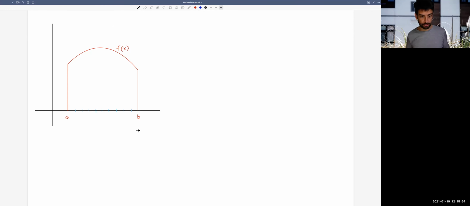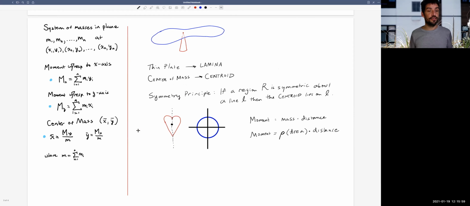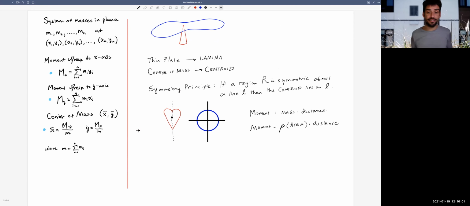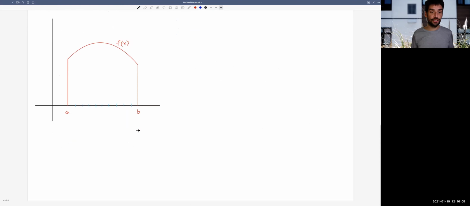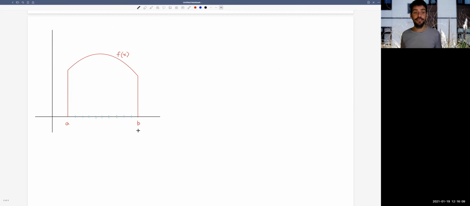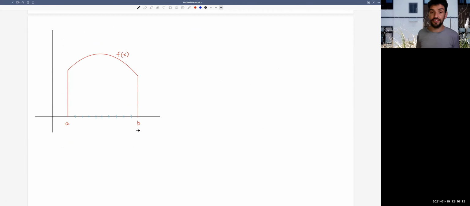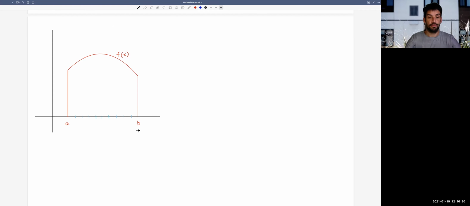Remember, just a moment ago, we were looking at what we did last time. We knew how to find the center of mass for a system of masses in the plane. We have several point masses. Well, we're going to imagine this shape as being built up by a system of masses, and use what we did last time to find the center of mass of that system. It'll be an approximation because this is one object, but then we can take limits and make our approximation precise.